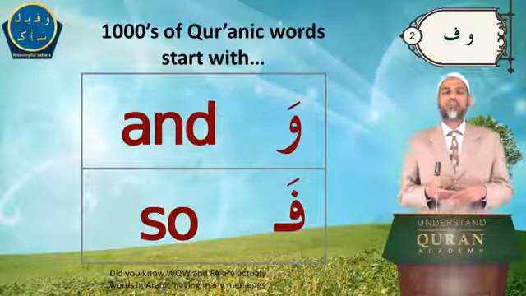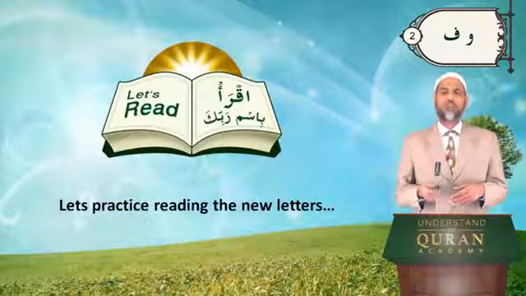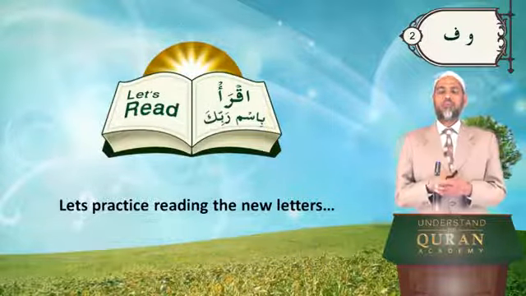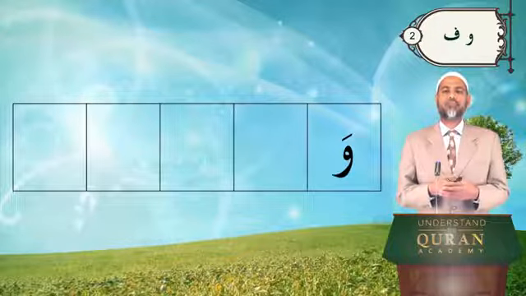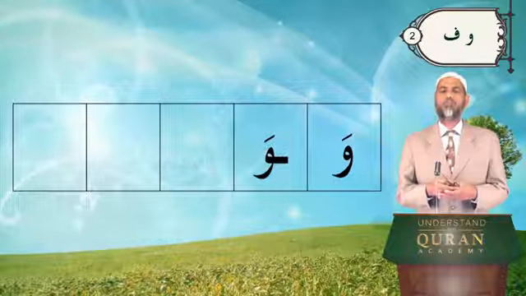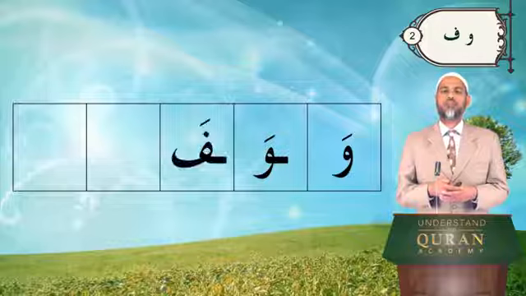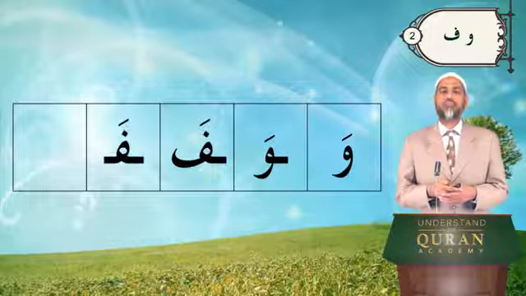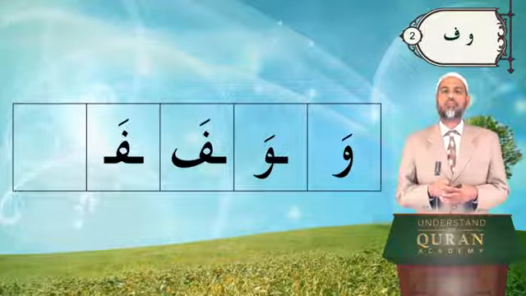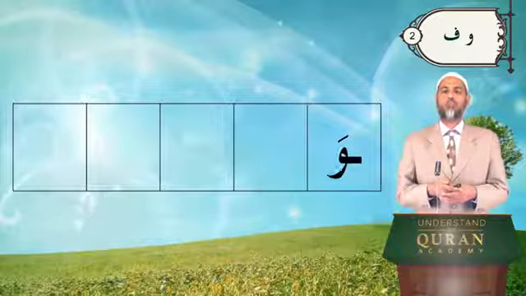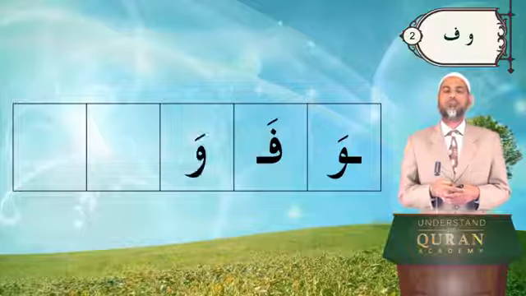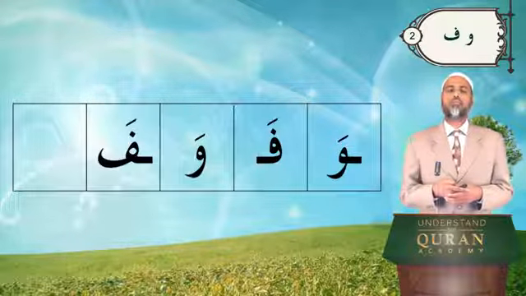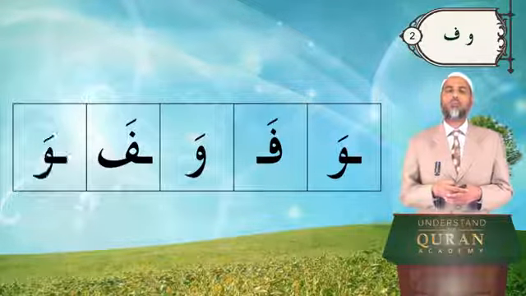Okay, let's practice reading the new letters that we learned today. Can you read them? Read with me or after me. Wa, wa, fa, fa, fa, wa, fa, wa, fa, wa.